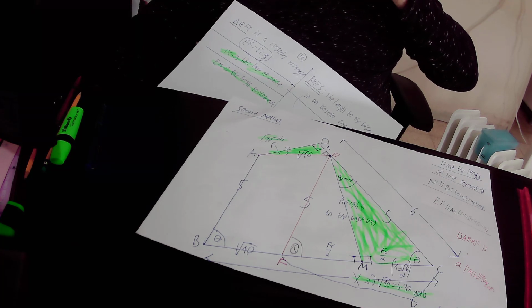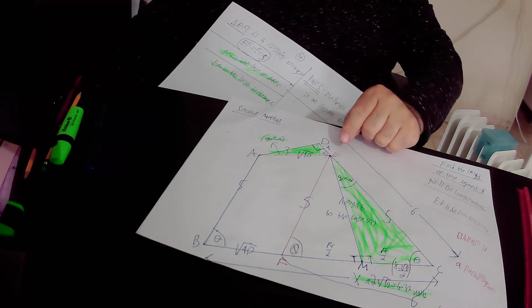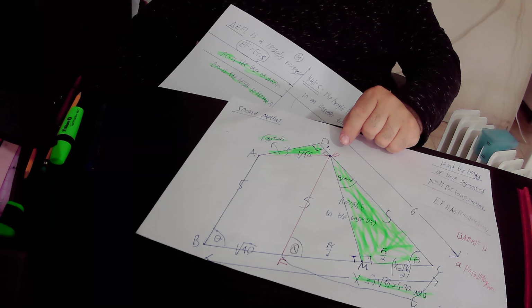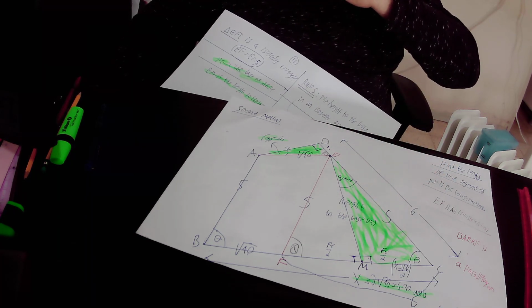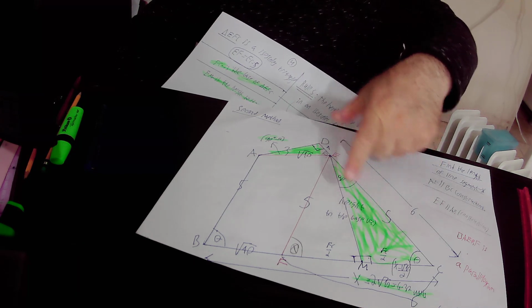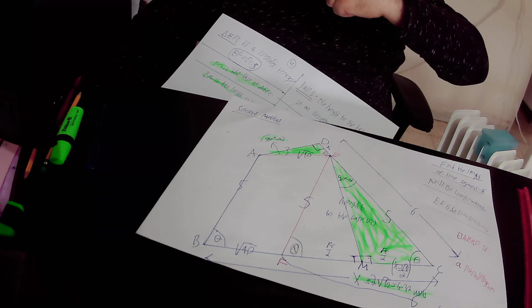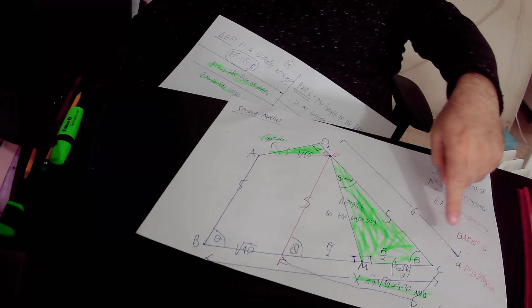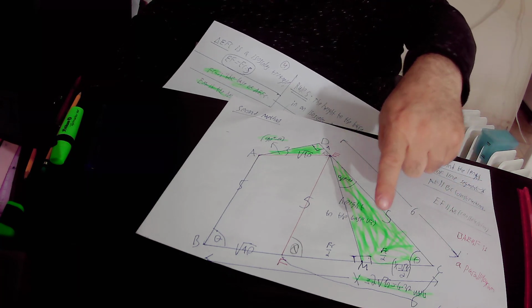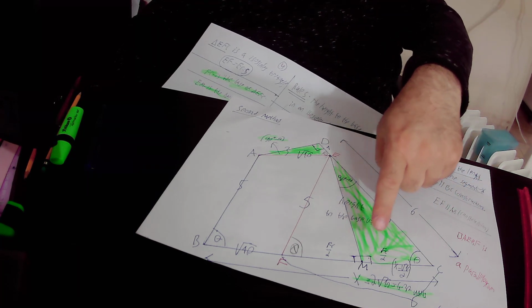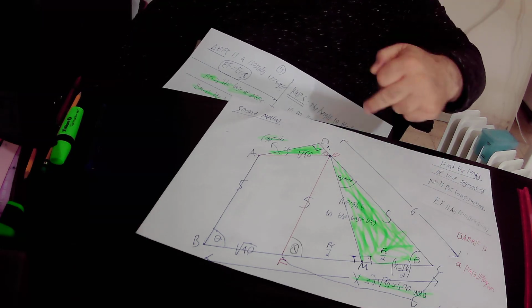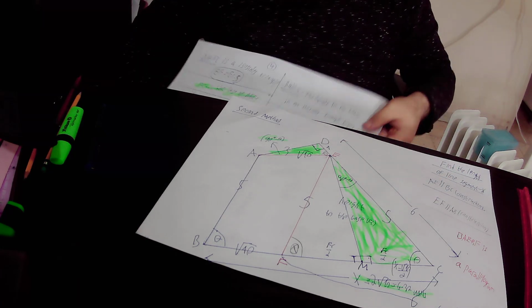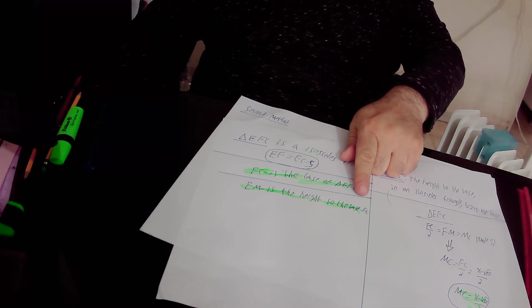Then we did the construction from the vertex E of the isosceles triangle EFC. We drew a perpendicular on FC. So here EM is the height to the base FC. Why? Because EM is perpendicular to FC. That is to say, this angle equals 90 degrees and this angle equals 90 degrees. Therefore, EM is the height to the base FC.